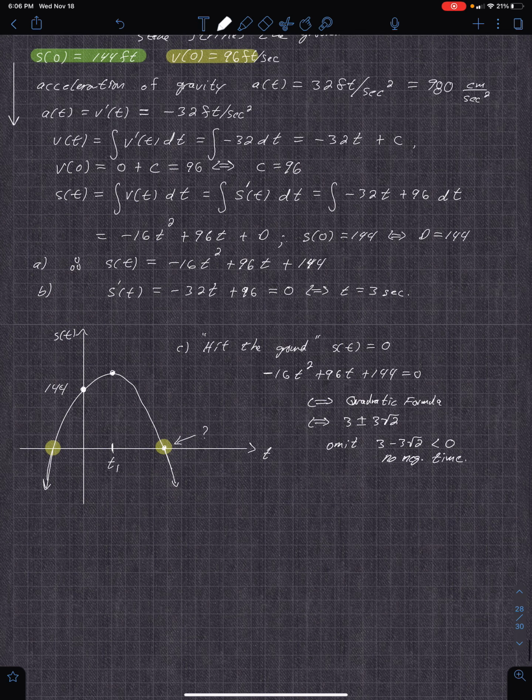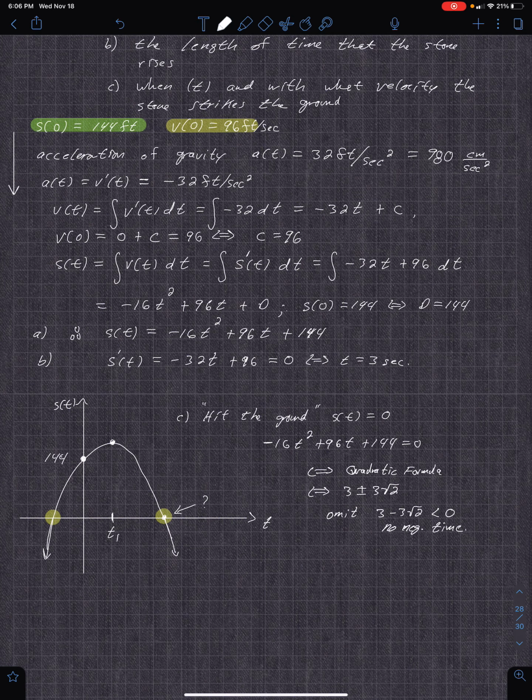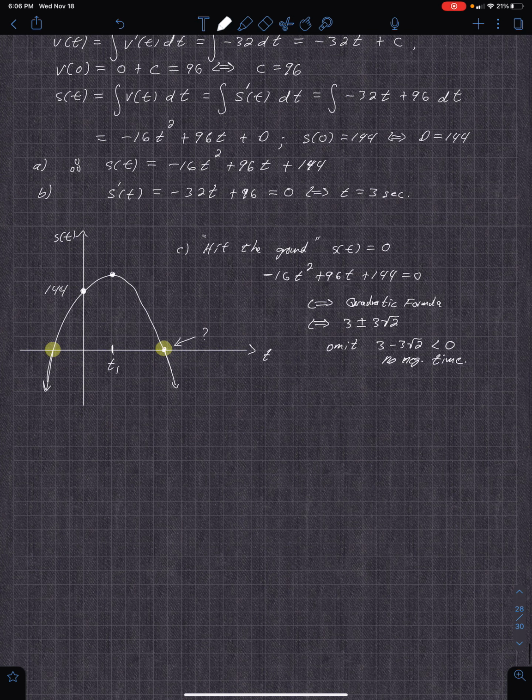What did it ask for, actually? It asked for velocity. So when, or how long, to hit the ground? That's that number.